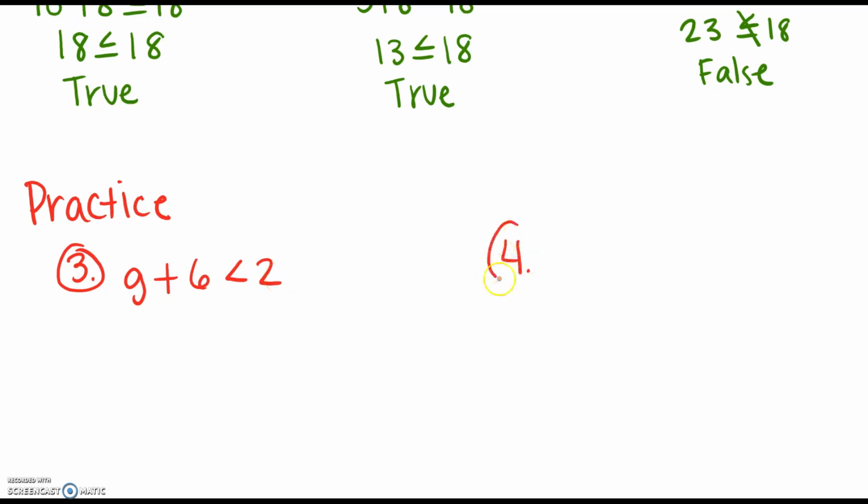And number 4: k plus 24 is greater than negative 5. You need to do the 2 from the video before as well as numbers 3 and 4 and have these ready to go in class tomorrow.